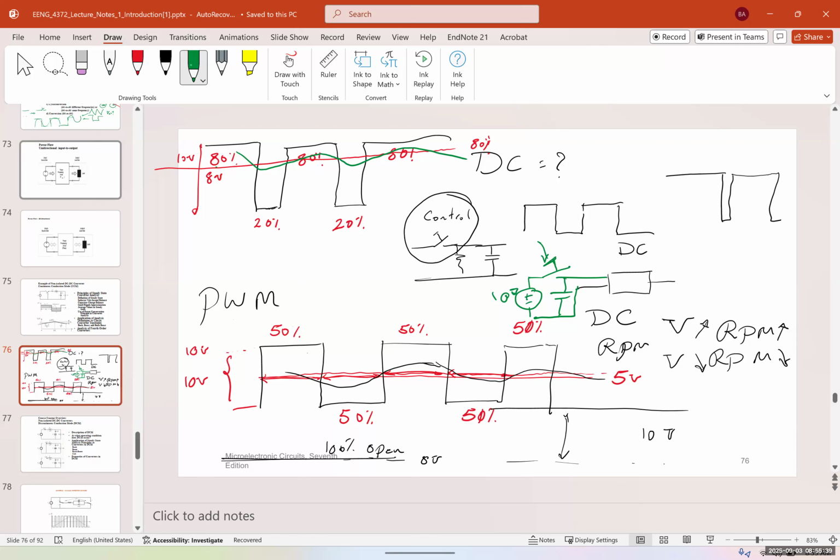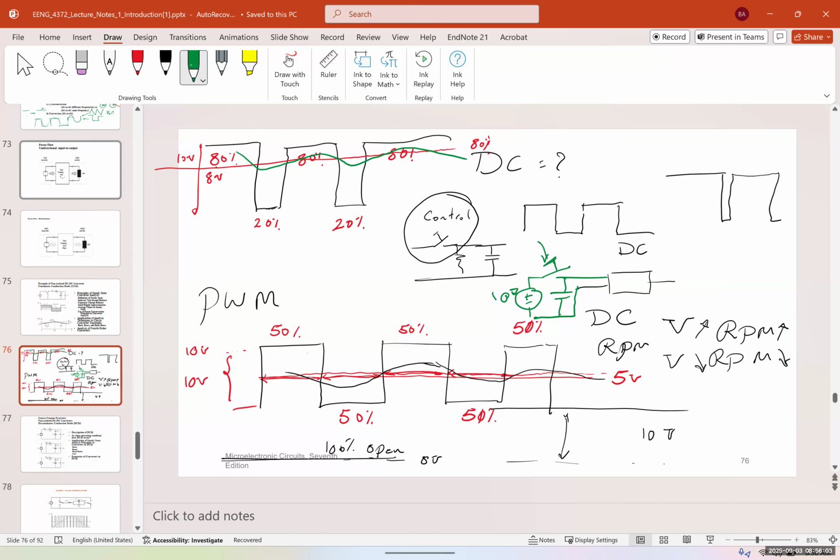If it's completely open, it's 0. If it's open and closed at 50%, so imagine it's open for half a second and closed for half a second, then you would run at 5 volts. Obviously, the frequency is much higher than that, around a few kilohertz. But if I do 50%, I would have 50% of the voltage, 50% of the power, and so on.